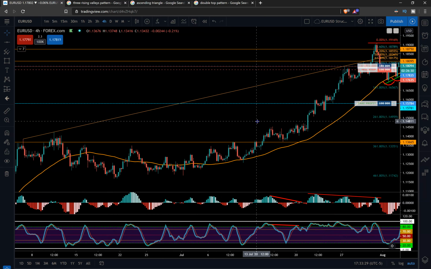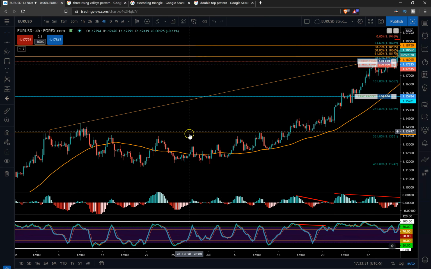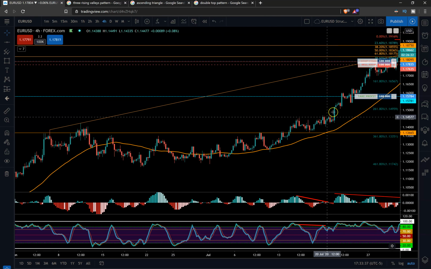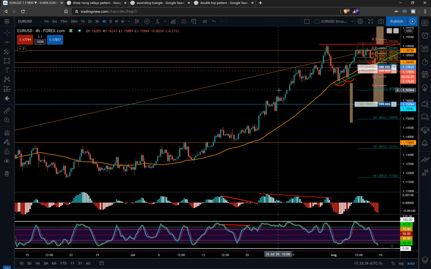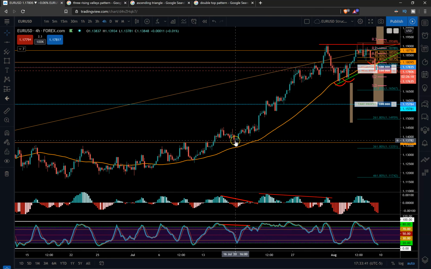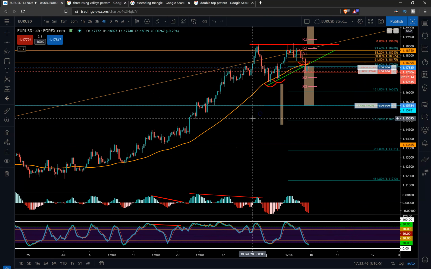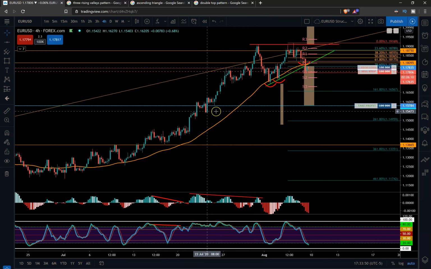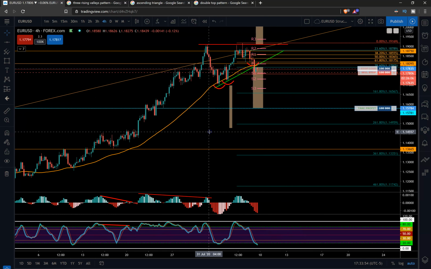Also, right here, the price respected a historical support resistance area, broke out, back testing, ran up to about 400, 500 pips. From about right here to right about here, it's about 500 pips. So those are the areas, right in this area where my stop loss is at, and right here where I think the price will go down to.